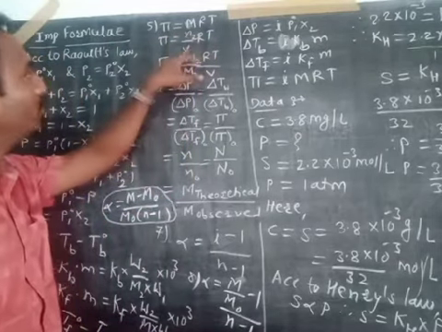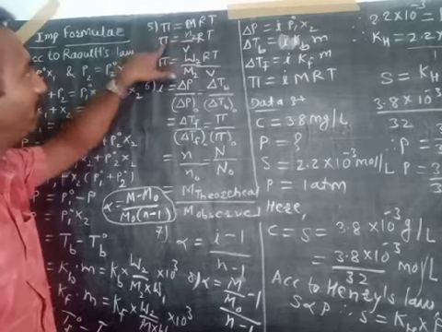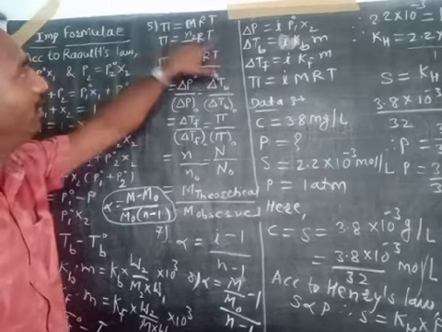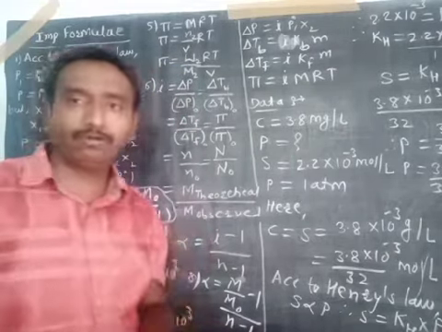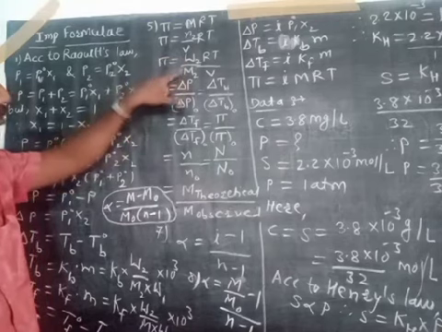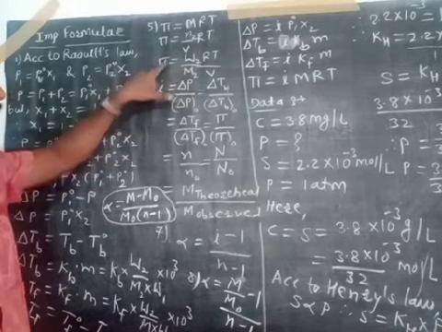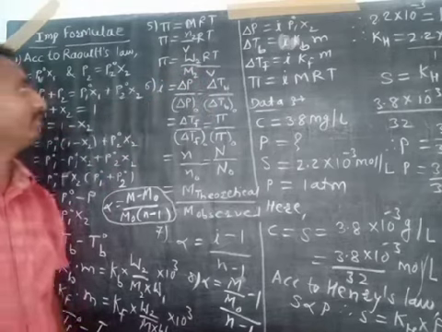The number of moles of solute per unit volume is nothing but the molarity, and that's why the formula becomes pi is equal to N2 upon V RT, as it is. Now N2, that is the number of moles of solute, can be given as given mass upon molar mass, that is W2 upon M2, and that's why the formula becomes pi is equal to W2 upon M2 RT upon V.